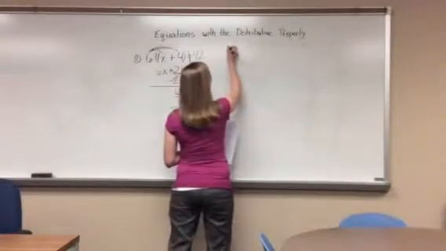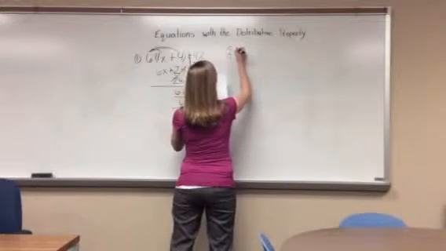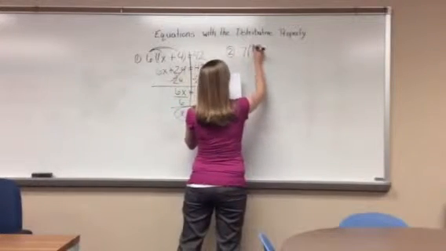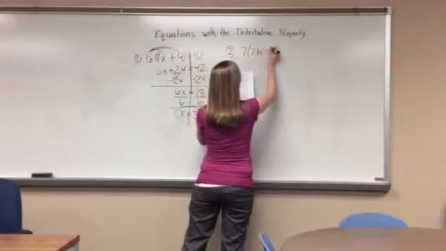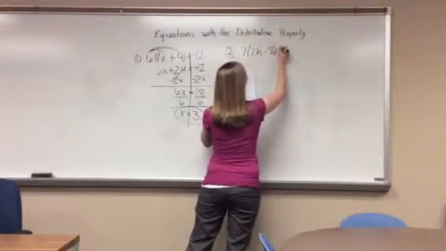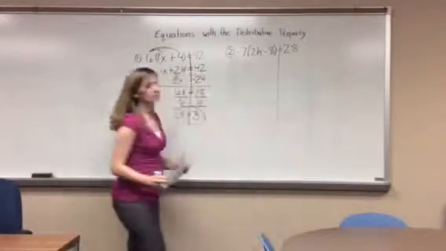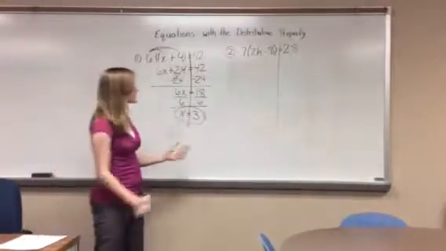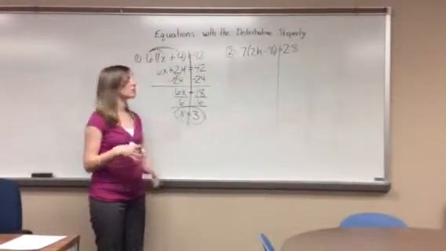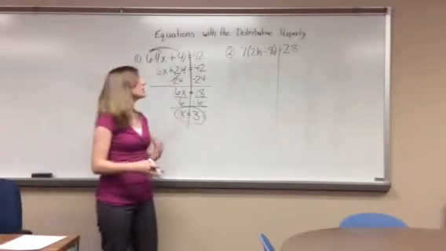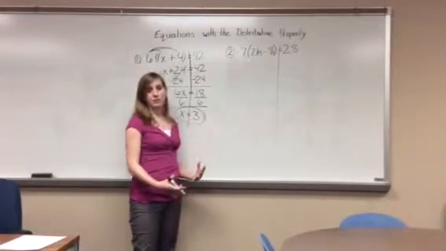Okay, problem number 2. We have negative 7 times the quantity 2h minus 8 equals 28. So again, with the parentheses there, I can't solve this equation, so I want to get rid of those parentheses. To do that, we're going to use the distributive property.